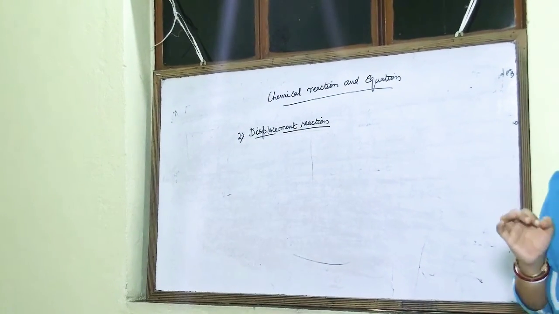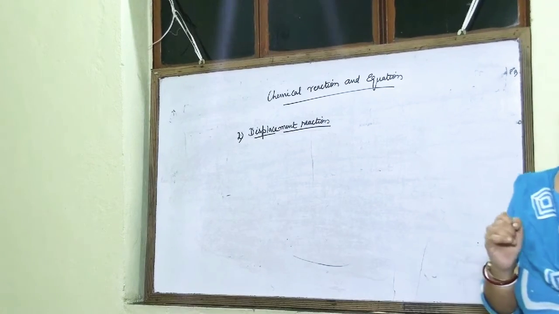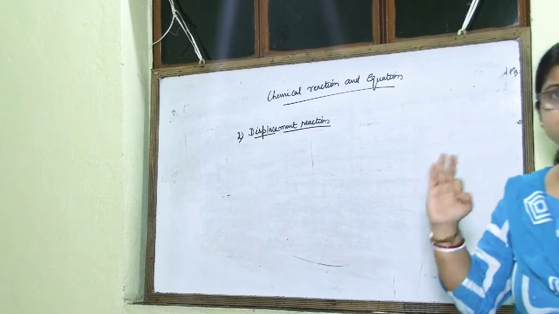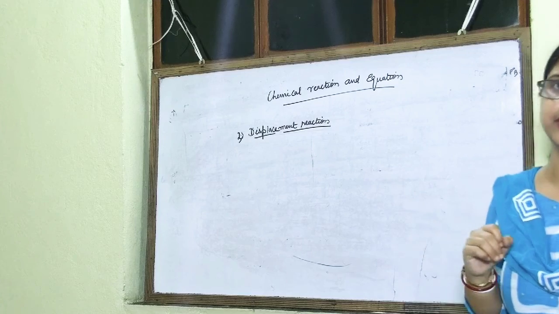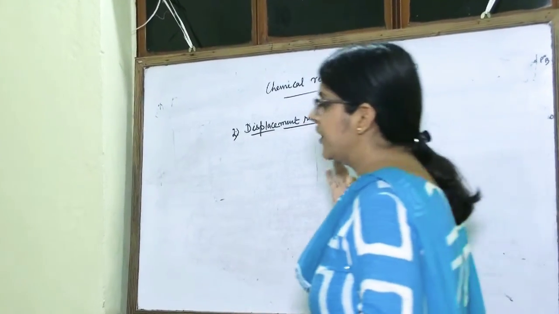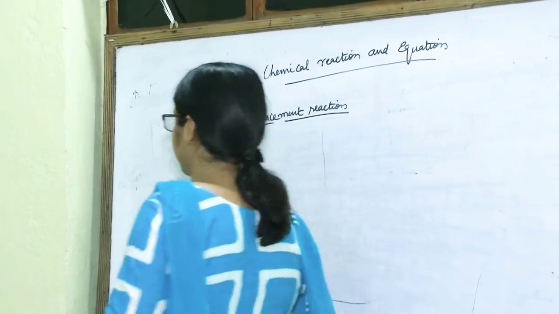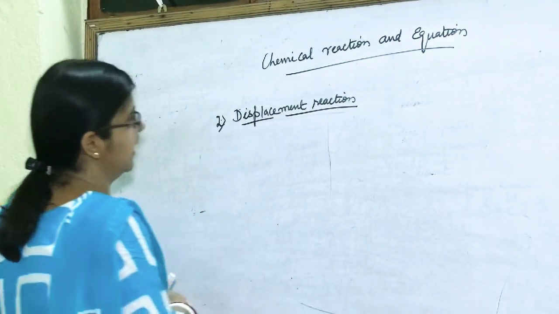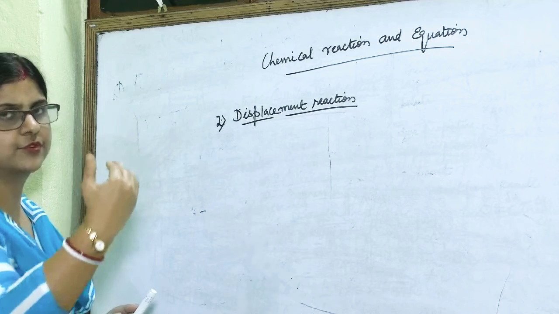To understand this displacement reaction, students, you will have to recall the metal activity series. The most reactive element is potassium. K, Na, Ca, Mg. You will have to remember that series.